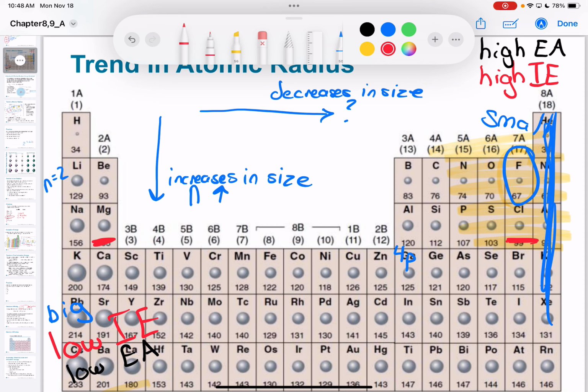Number of protons. Cl minus has a lot more protons than Mg does. Done. Cl minus will be smaller. Okay? I'm really hoping that's true if I go look it up. I don't think the electron repulsion is going to have that much of an effect, but it's possible. Okay, so Cl minus is going to be our smaller atom.